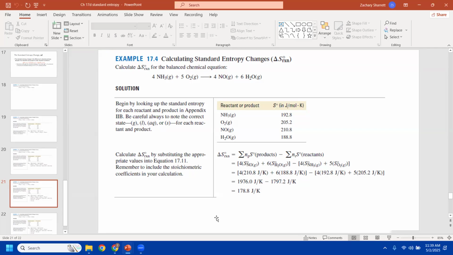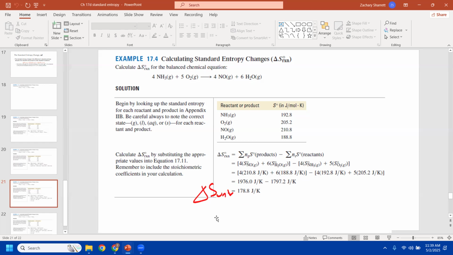And this is the delta S of the reaction. So really, we can't even say, right? We would have to combine this with the delta S of the surroundings and see if the delta S of the universe was positive or negative. So let's say this was the delta S of the universe. Would this be spontaneous or non-spontaneous?